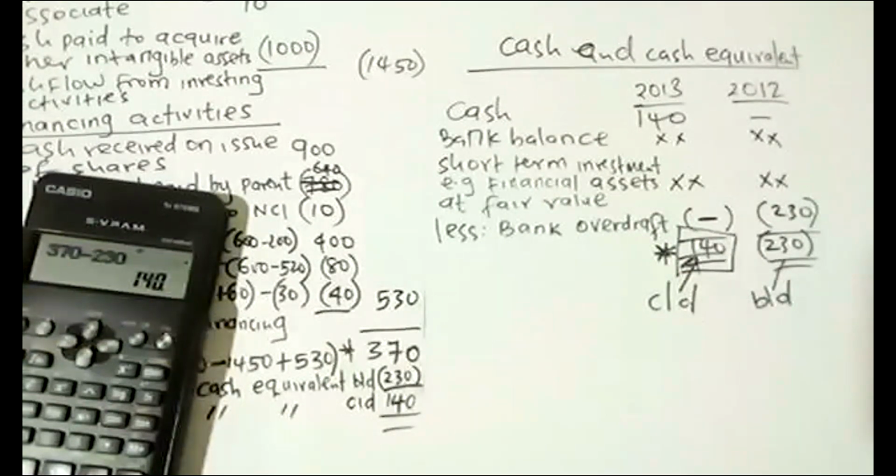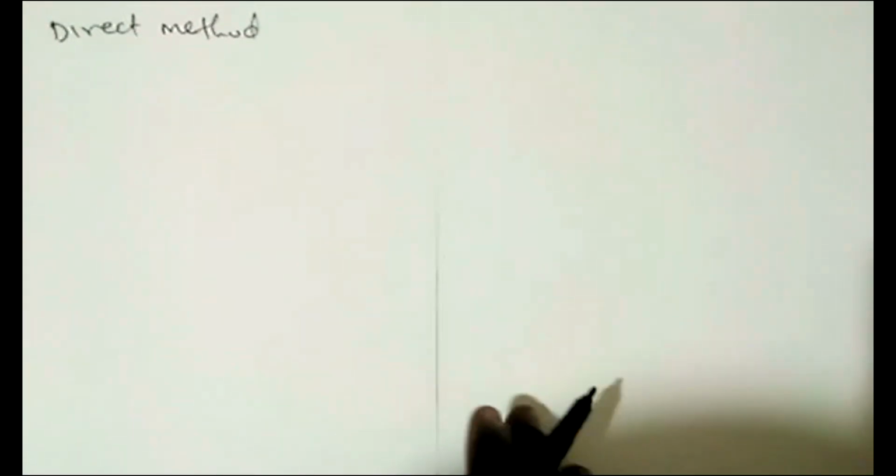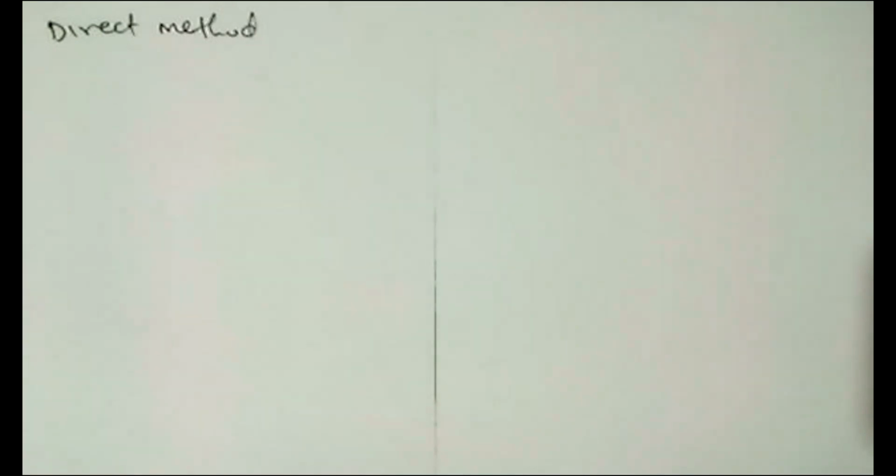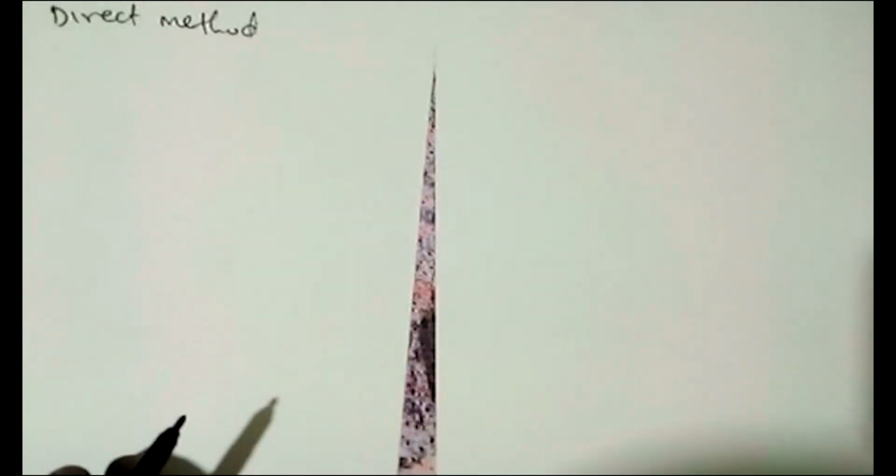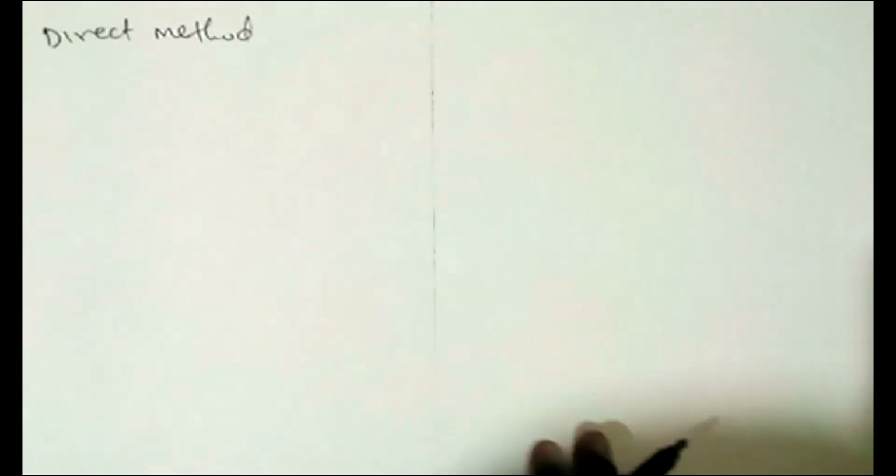I would like to do the same question using the direct method, but the only part is operating activities, which will be a bit different, because investing and financing are the same in both methods.